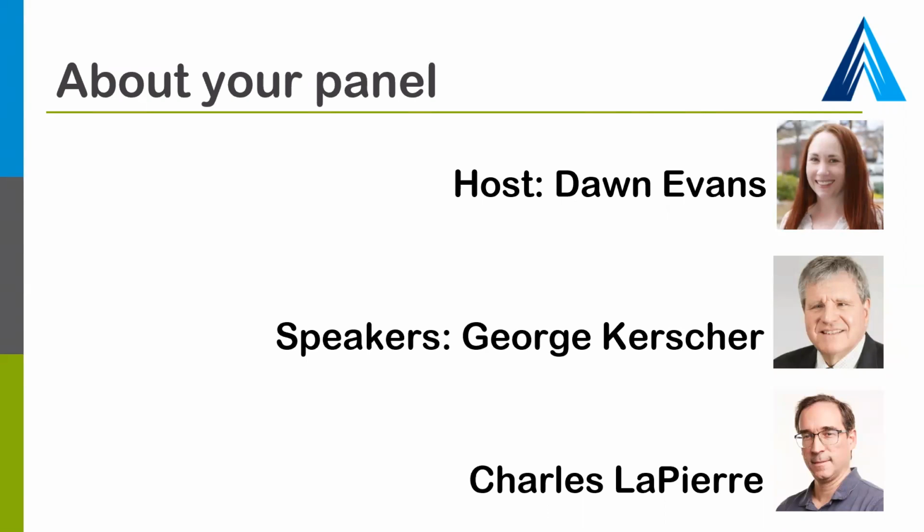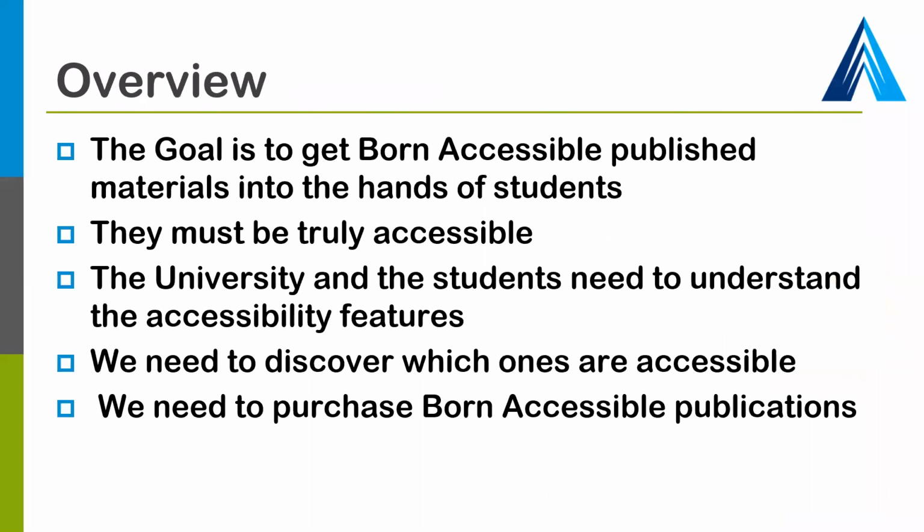So we're talking about EPUBs now, starting out with a little bit of an overview. The objective is to get fully born accessible, fully accessible EPUB materials into the hands of the students. And we want to make sure that they're really, really accessible, not just somebody saying so. It's got to be proven.